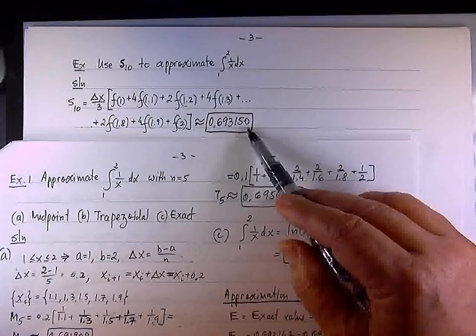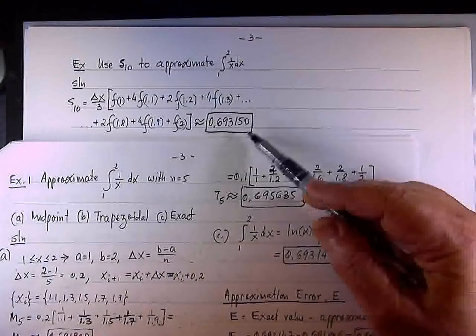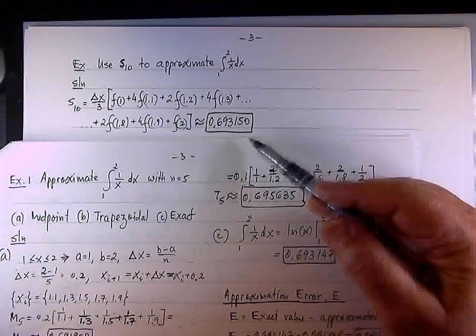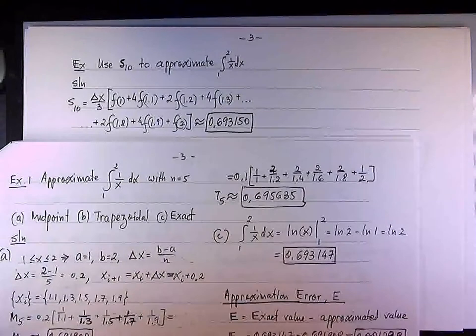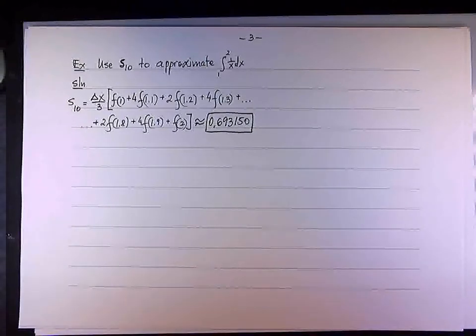We are off only in the 6th decimal place, by 3 millionths. And 10 subintervals is nothing, especially if you mechanize the calculation. Even with our graphing calculators, we can just use a table and calculate this. To me, the quickest way to do it is Excel.